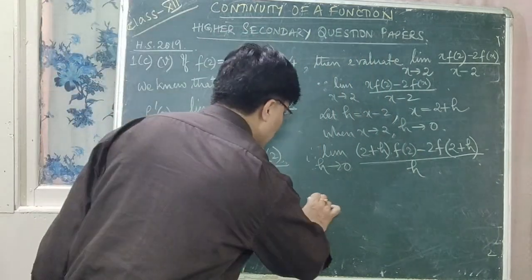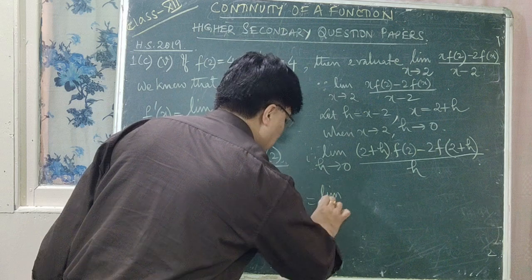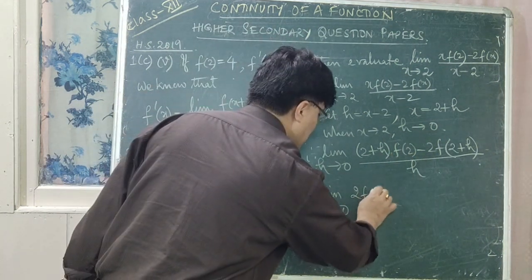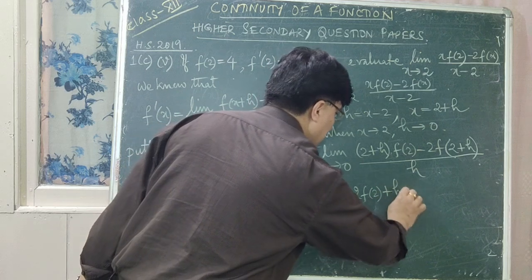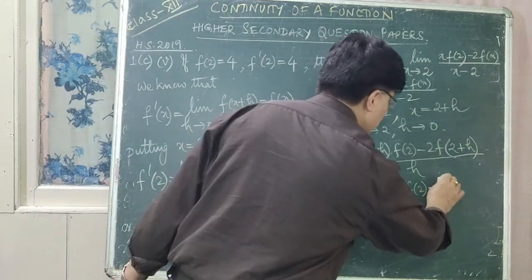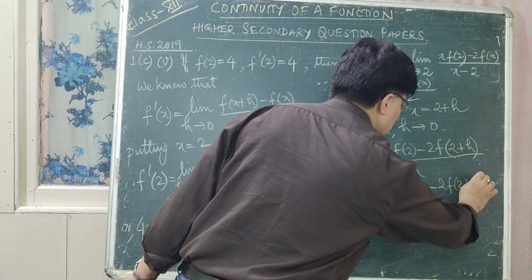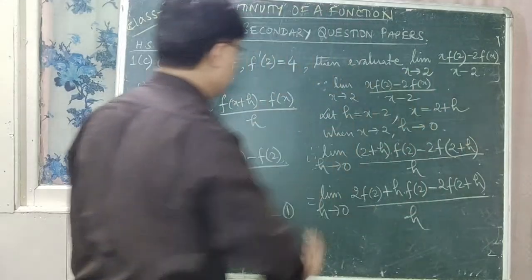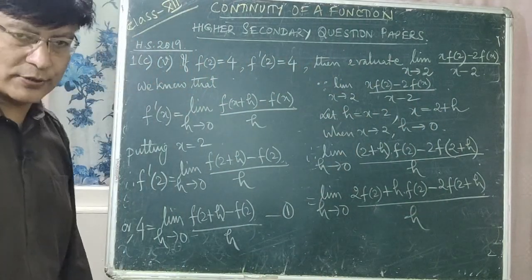Okay. So this is equal to limit h tends to 0. You can multiply it: twice f of 2 plus h, f of 2 minus twice f of 2 plus h, this whole divided by h. So I think you have understood it.